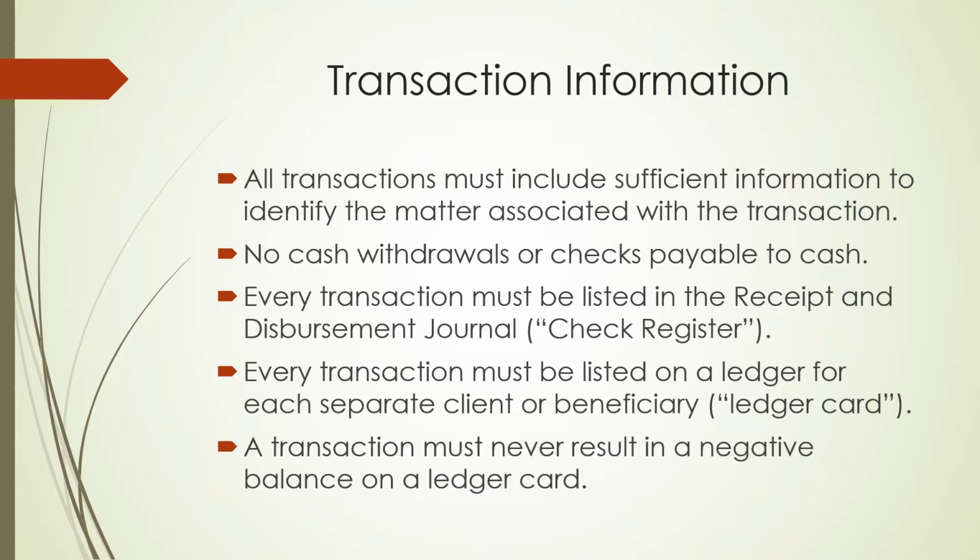A transaction must never result in a negative balance on a ledger card. If a client has $300 in the IOLTA account and the client incurs a bill of $400, the attorney cannot pay $400 out of the IOLTA account towards the legal bill. Doing so would result in a negative balance on that client's ledger card, even if it doesn't result in the IOLTA account being overdrawn.